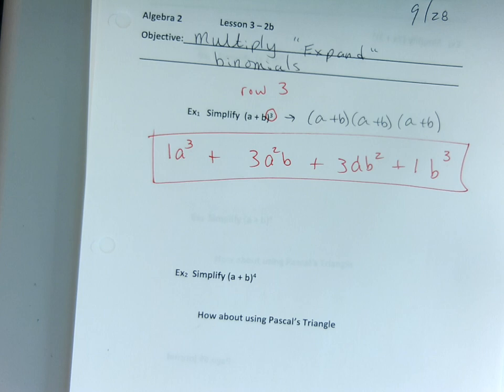So if we want to do the next example, what do you think? Go to the fourth row. See if you can do it. Let's do the same thing. So now we're going to go to row 4, right?